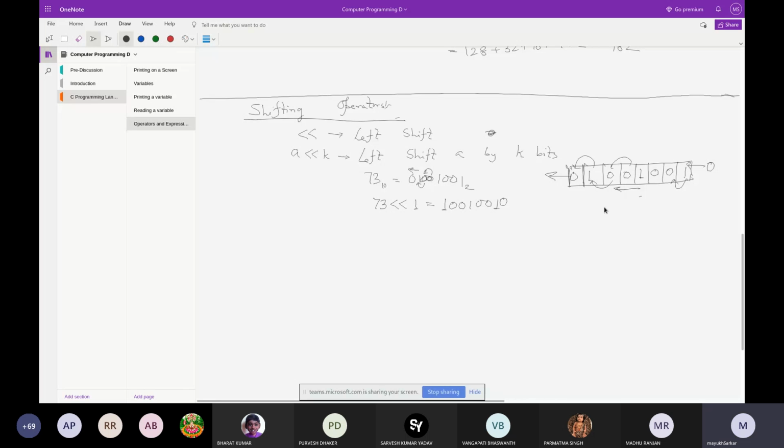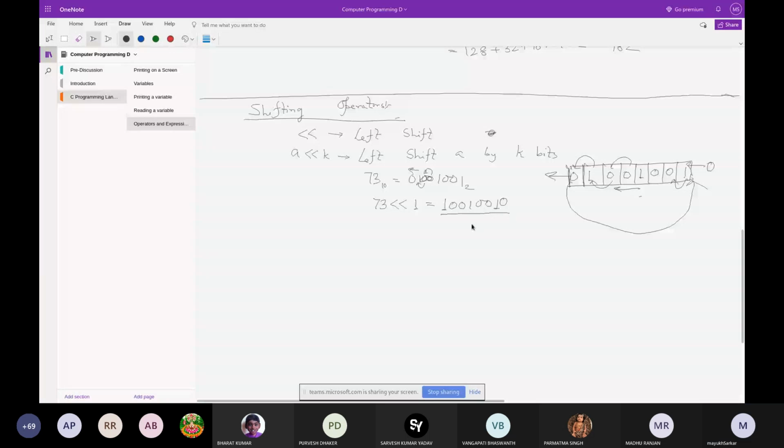I'll come to that point. And circular shift is when the first bit goes to here. I'll show that, don't worry. So now see, 73, when it is left shifted by one bit, this is what you'll get.